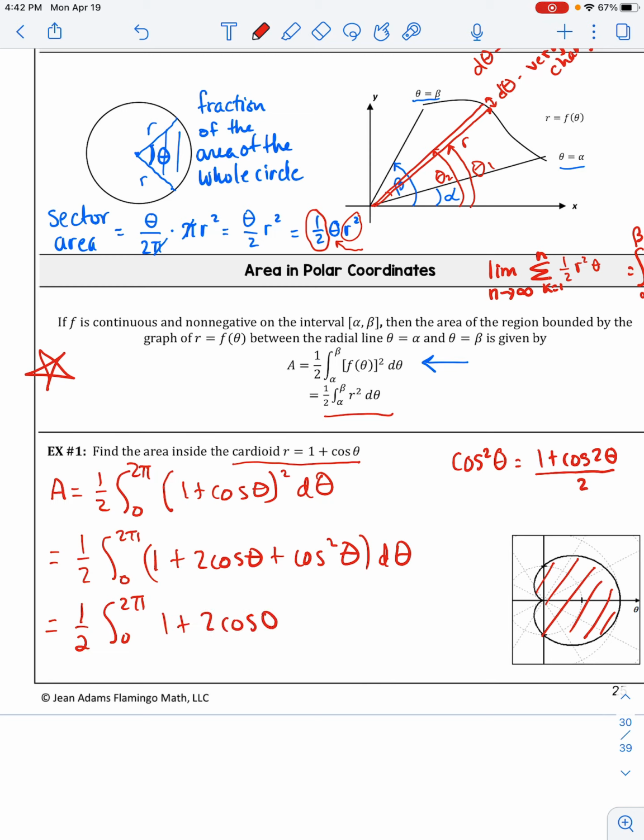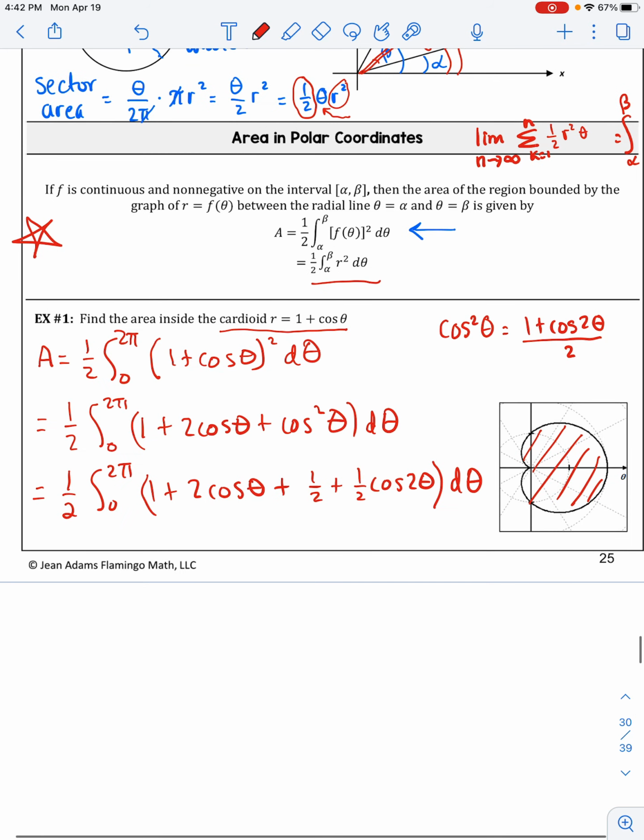So this is going to be 1 plus 2 cosine theta plus, and I'm going to split this up into my 1/2 plus 1/2 cosine 2 theta. And then that is all that I have here.